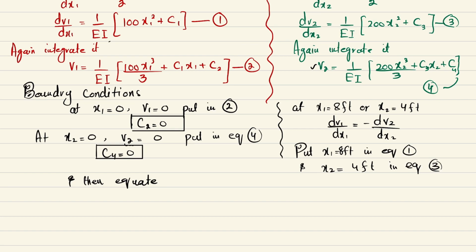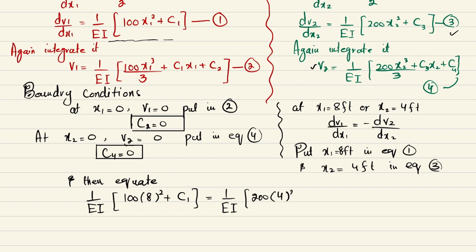You can see this is equation number 1. So I will write 1 over EI into 100 times 8 squared, because x1 is 8, plus c1, is equal to minus 1 over EI, this is equation number 3, into 200 multiplied by 4 squared plus c3.